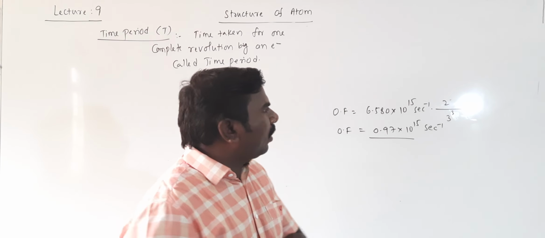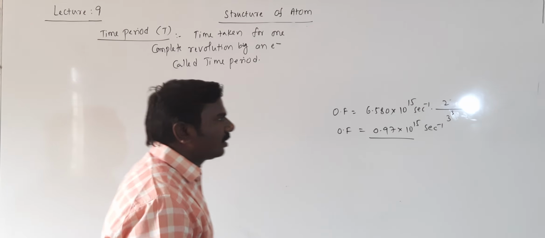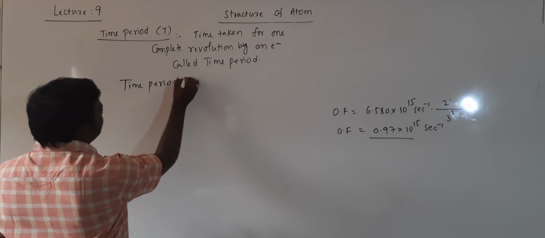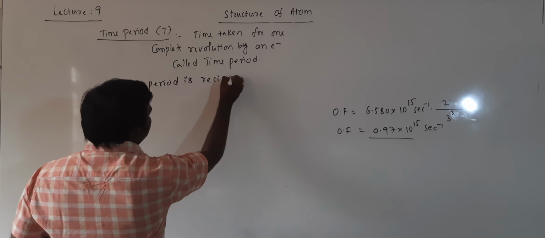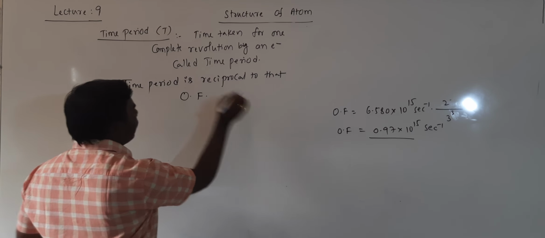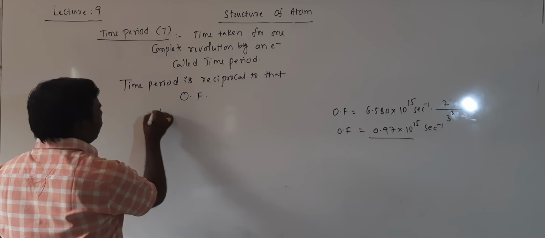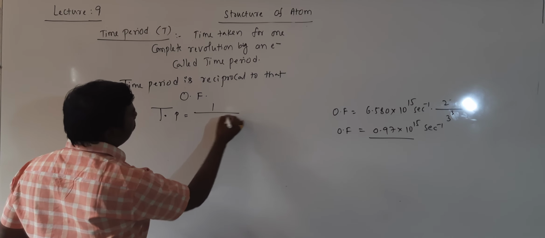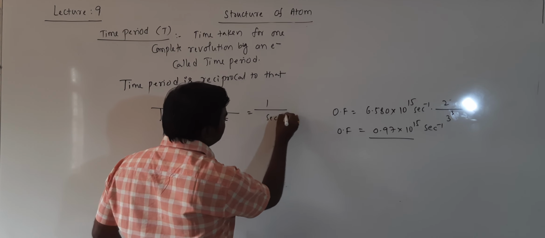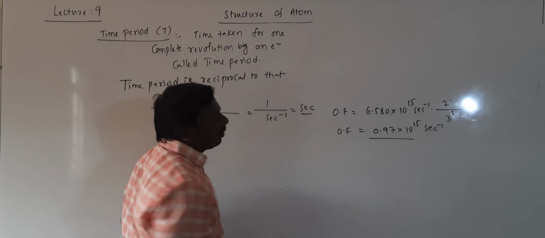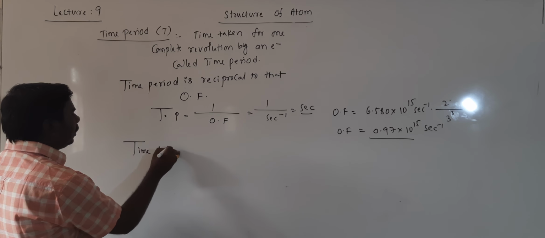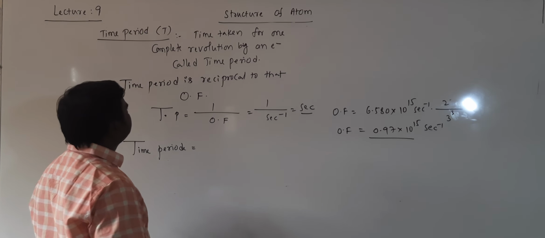Time period is reciprocal of orbital frequency. It means time period is equal to 1 by orbital frequency. Orbital frequency units are per second, so the units for time period are seconds.